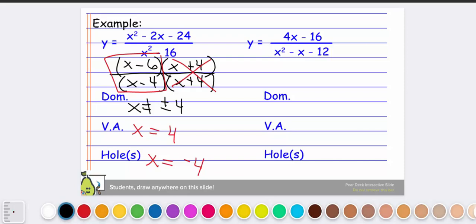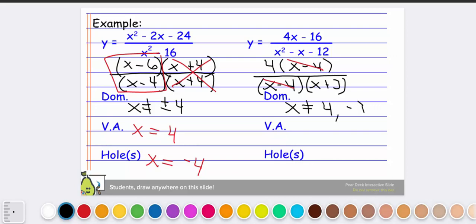Alright, let's factor out the next one, see what we got. I have a GCF, 4, and then x minus 4. On the bottom, we have x minus 4 and x plus 3. Alright, can we get rid of anything? Sure, x minus 4. Domain restrictions: x is not allowed to be 4 or -3.